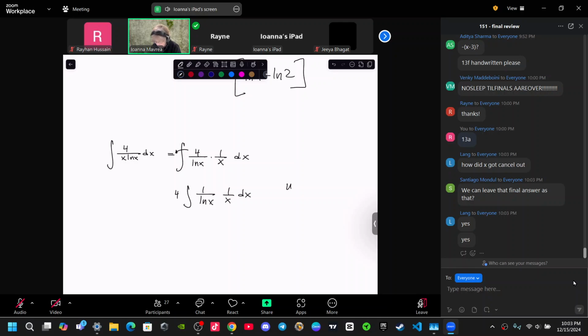So now when I make the substitution, I want to make u this thing whose derivative is kind of there, waiting for me. So I know the derivative of log is this. So I want to make u log, not 1 over log, log. The derivative of 1 over log is not 1 over x, right? So du is 1 over x dx.